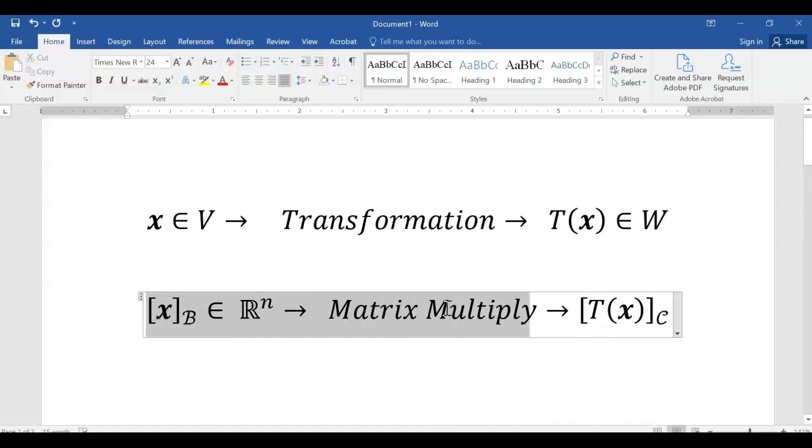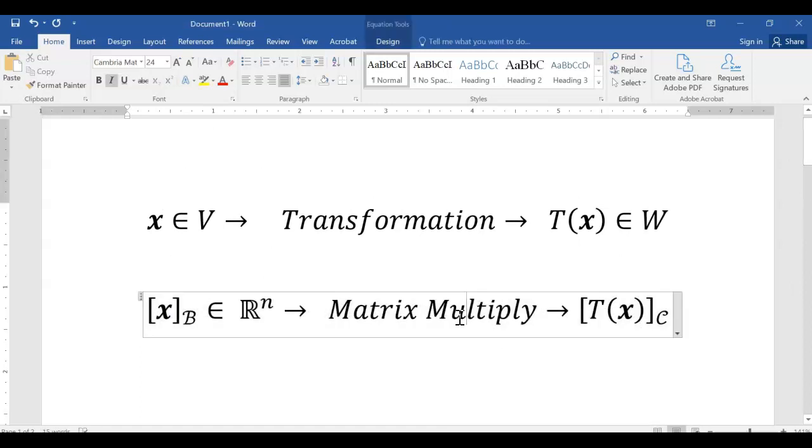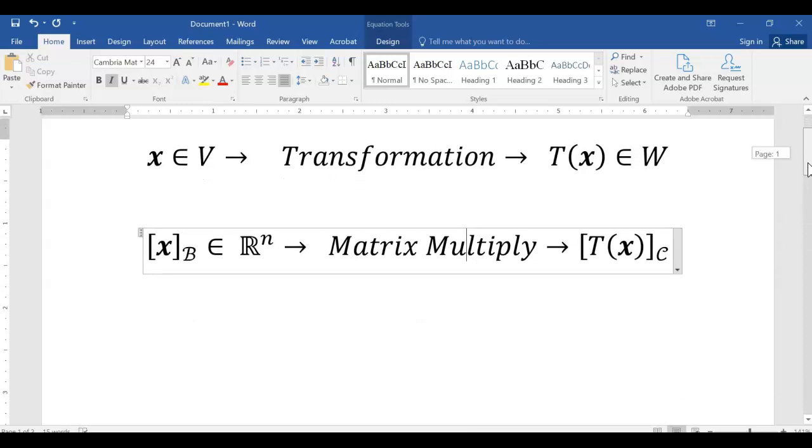And this matrix multiplication is something that we can program into a computer much, much easier than dealing with polynomials of degree 2 to polynomials of degree 2. And this trick works no matter what vector spaces V and W are, as long as they are of finite dimensions.